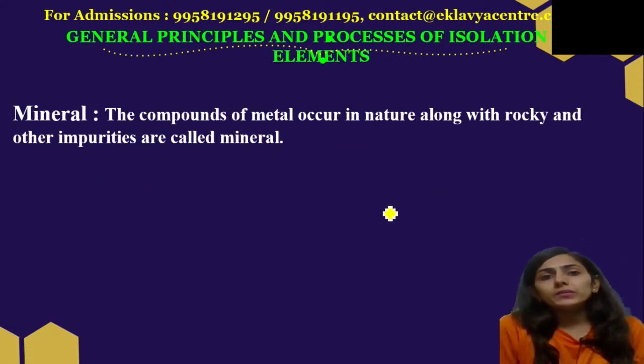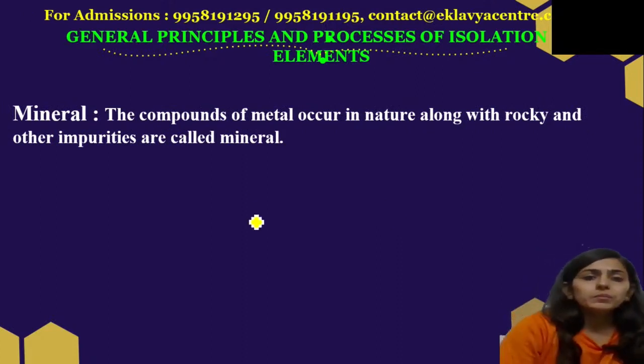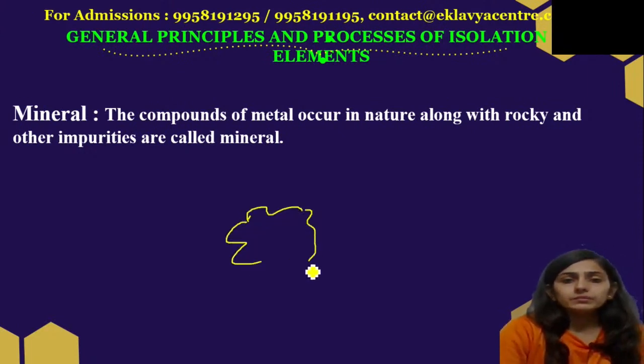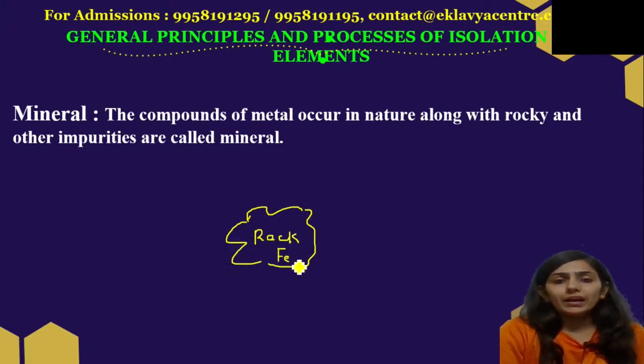Mineral. What are minerals? See, the compounds of metal, they occur in nature along with rocky and other impurities. These are called minerals. Suppose we have a rock, and suppose we have iron metal in it.